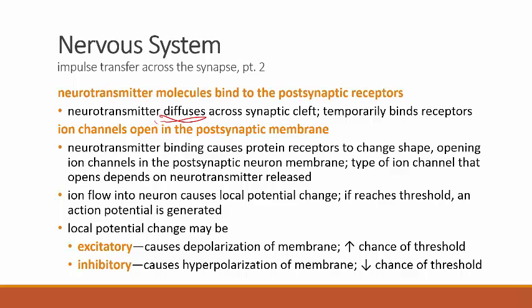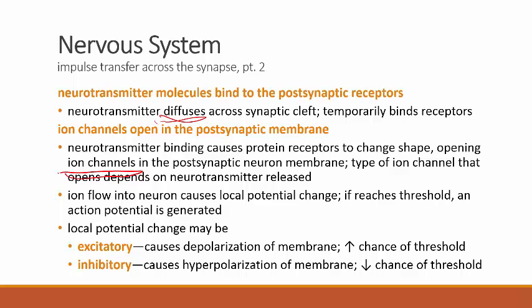Now, when a neurotransmitter binds the receptor protein, it causes the proteins to change shape, and as they are changing shape, then they open ion channels in the postsynaptic neuron's membrane, in the receptive region there. And so depending on the ion channel that opens, then we're going to see different effects, and depending on what neurotransmitter is released into the synapse, that determines which of the ion channels open.